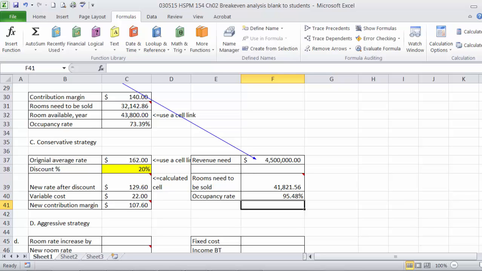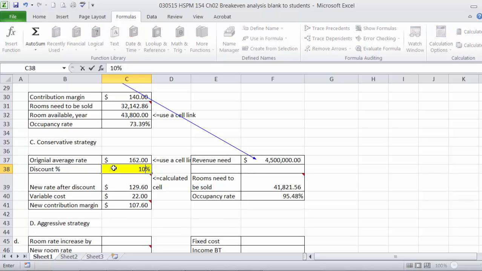If you were the room manager, what would you say? No way, right? This is too high. Even in downtown San Jose, even in downtown San Francisco, you can't get a 95% occupancy rate. That's way too high. So what do you suggest?